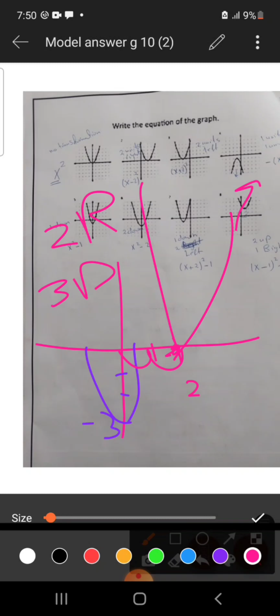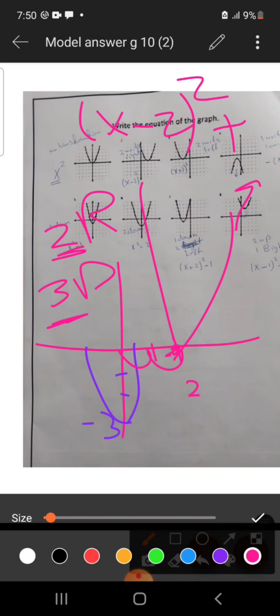Do you remember how we do the transformation from quarter one? How can I do it? By putting the right or left inside the bracket. So x minus 2 all squared. Put right or left with the opposite sign. Here 2 is put as -2. What about up or down?